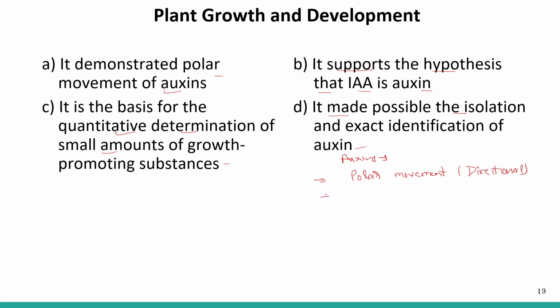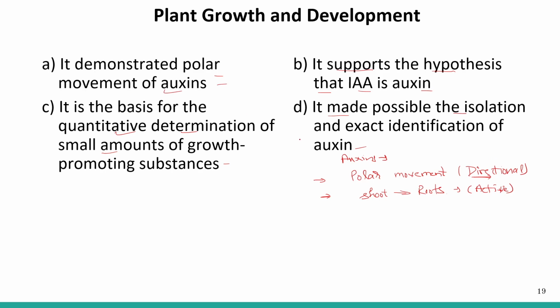Auxins are produced in the shoot tips, so they move from the shoot towards the root. This movement requires energy, meaning it is an active process, and it is directional, meaning it is polar. So the first option is this.